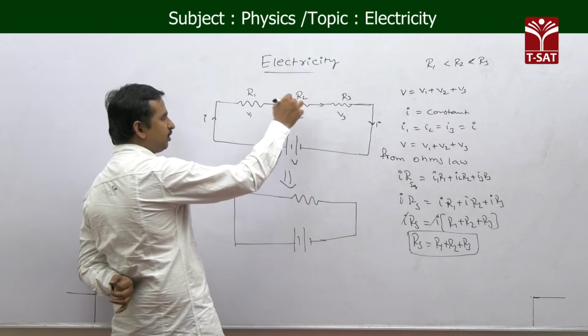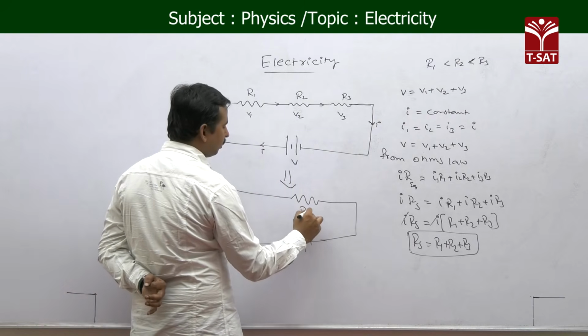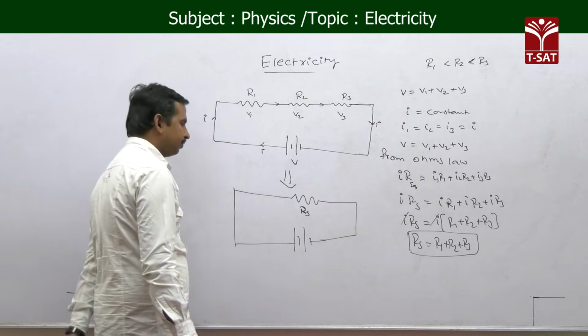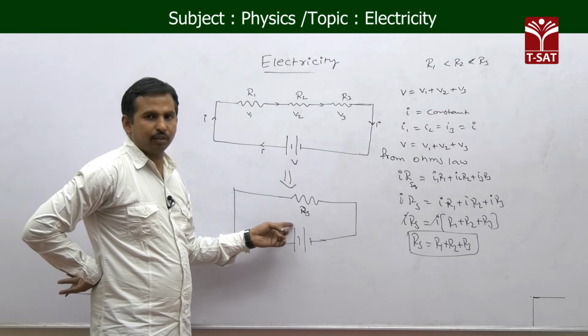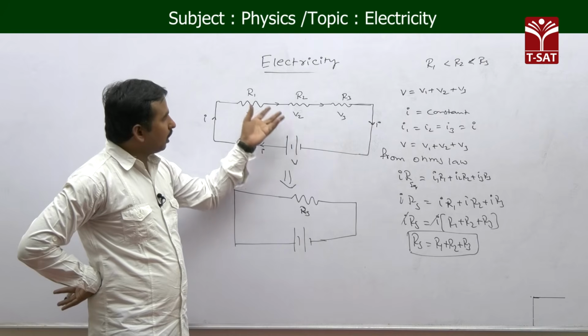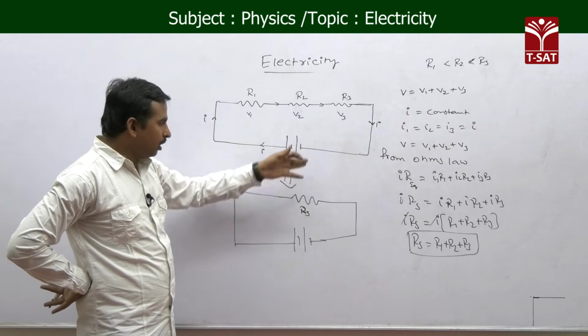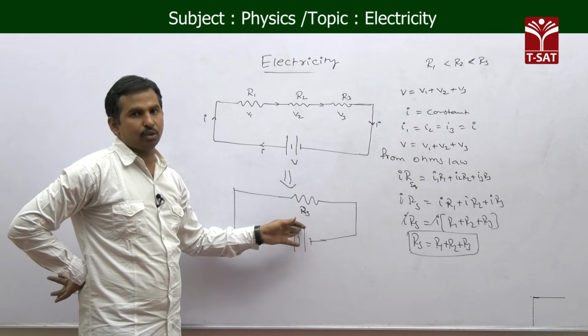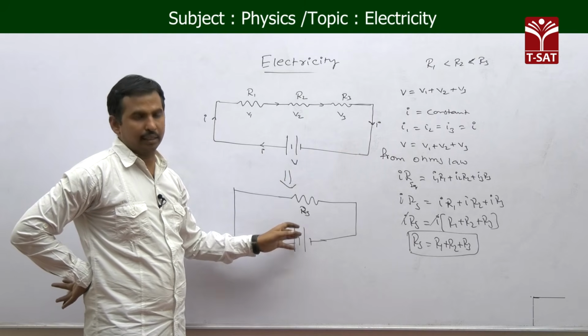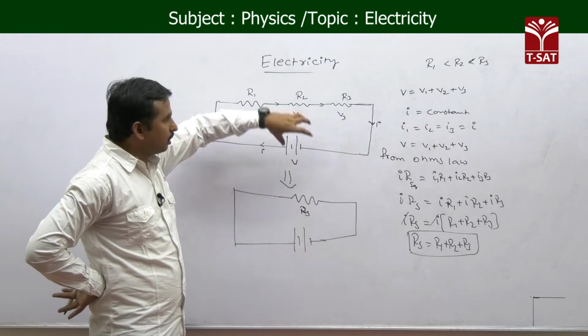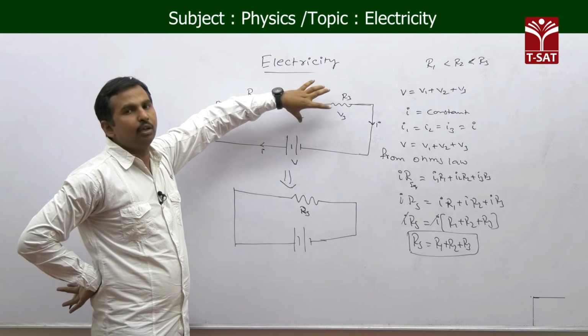This resistance we take as the RS value here. This is its meaning. Whatever resistances you take in series, R1 plus R2 plus R3, all that we take as one resistance, which is RS, the equivalent resistance when the resistors are connected in series.